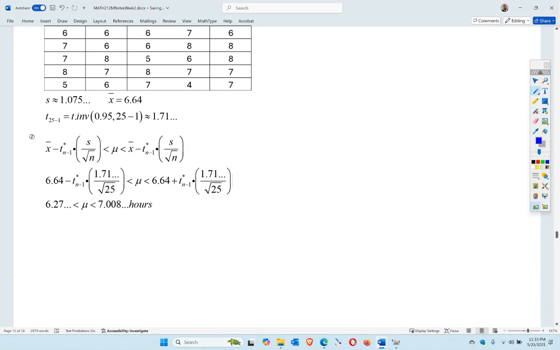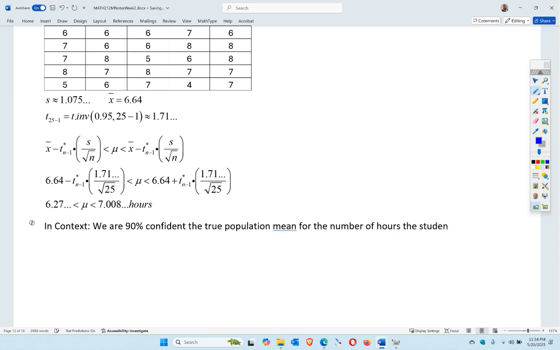So basically what are we saying in context? We are 90% confident the true population mean for the number of hours the students sleep is in the interval, right?